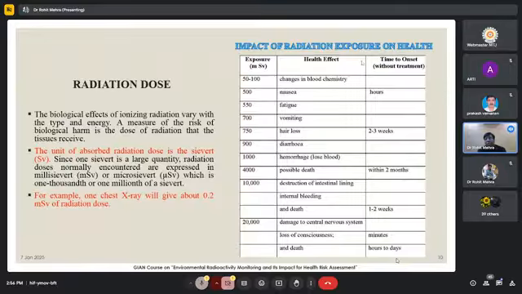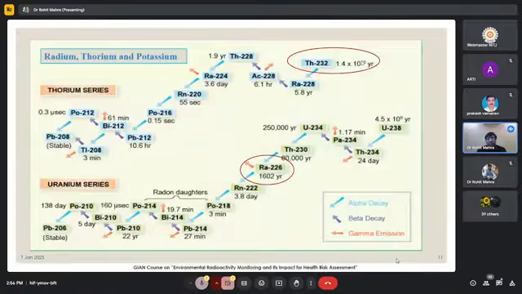But still, we don't have a particular law that if I have been given a CT scan, it is my right to be told how much radiation I have been exposed to, so that I can have my annual record of how much I have been exposed.